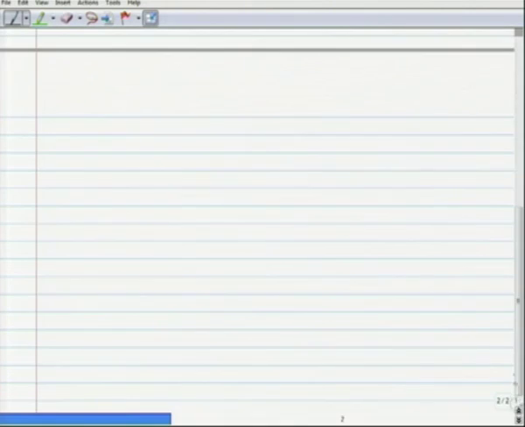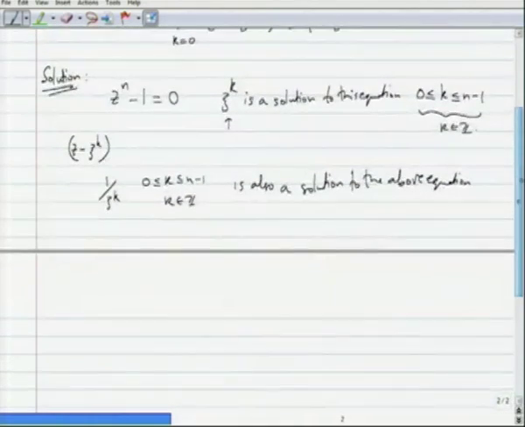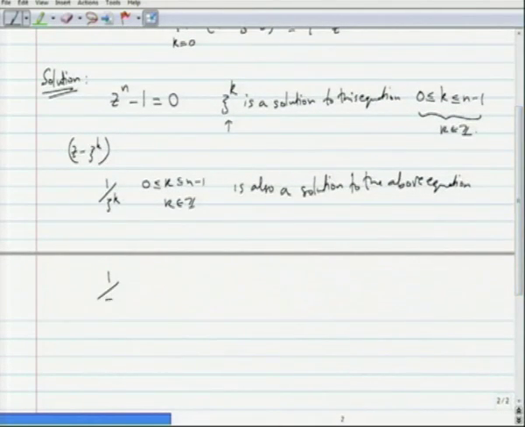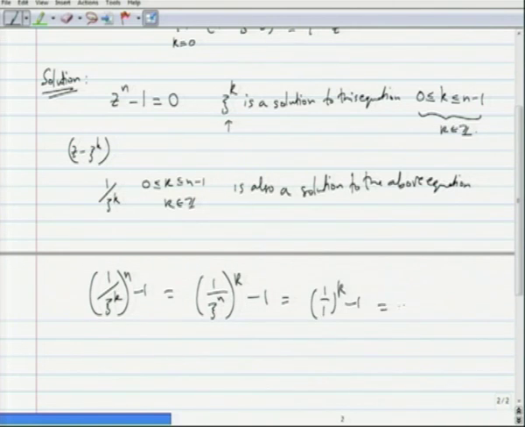That is because 1 by zeta power k, raised to n, minus 1, is equal to 1 by zeta power n raised to k, minus 1, which is 1 by 1 power k, minus 1, which is equal to 0. So, 1 by zeta power k is also a solution.